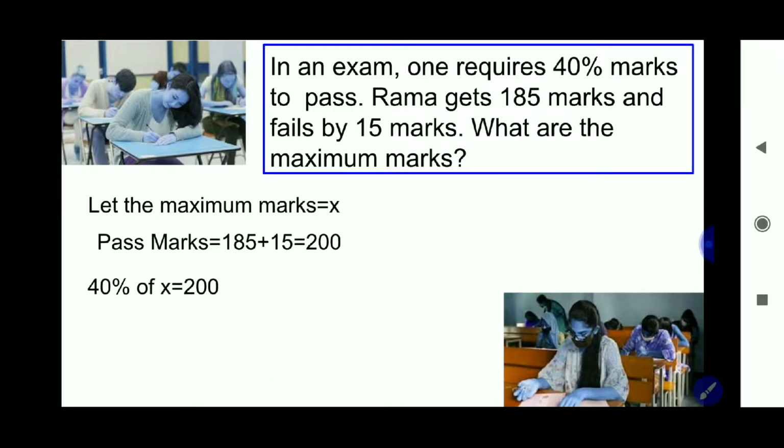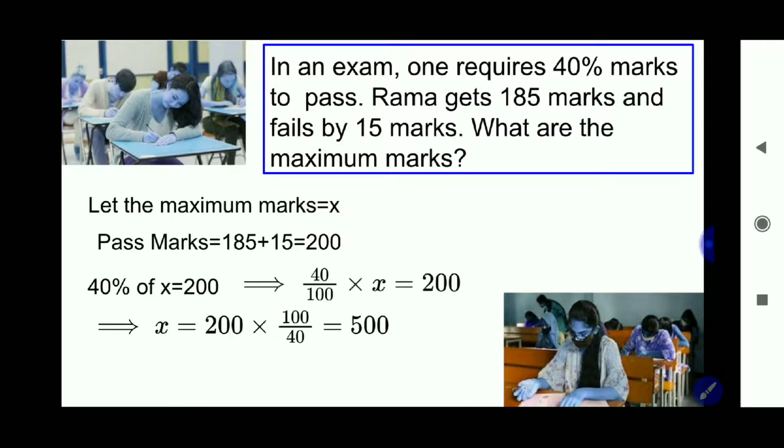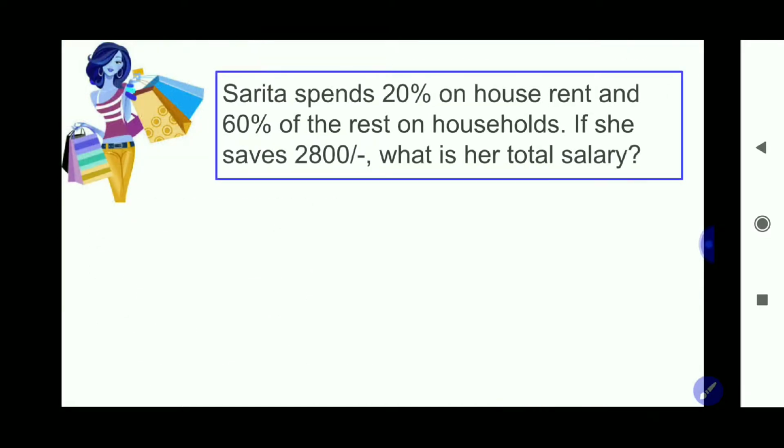That means 40% of x is equal to 200. That implies 40 by 100 into x is equal to 200. Hence x is equal to 200 into 100 by 40. That is 500. Hence the maximum marks in the exam is 500.